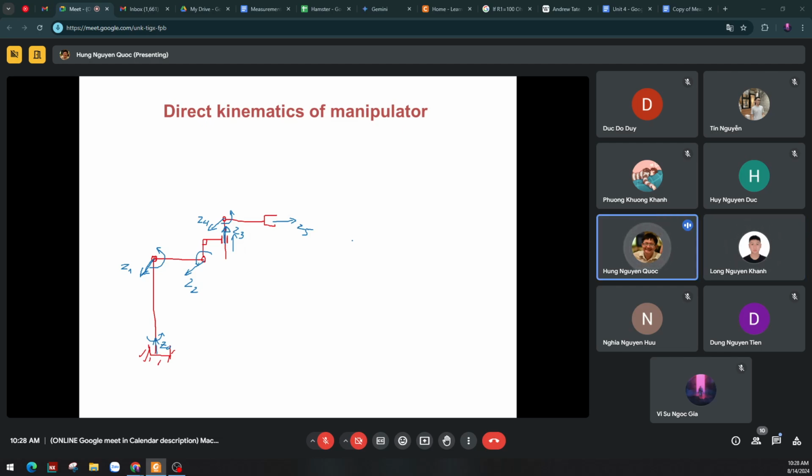Now please finish with the X. So the X, of course, you can choose arbitrarily for frame 0. If I choose X0 here, then you know where Y0 should be, as I mentioned, using the right-hand rule. Then X1 is perpendicular to Z0 and Z1, and if there is an intersection, it should cross the intersection.